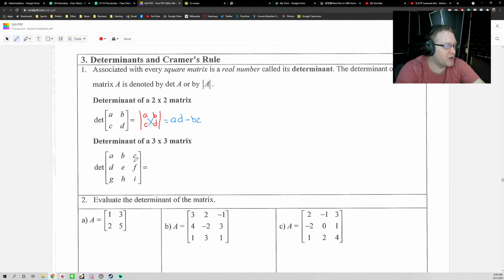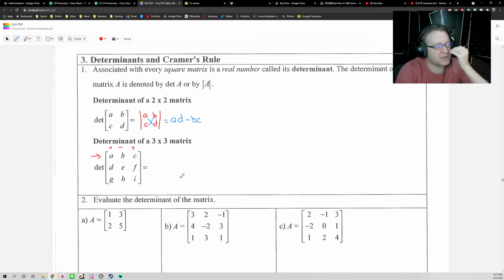All we're going to do is look at the top row here, A, B, C, and we're just going to use those three numbers to find the determinant. We're going to use those as the primary three numbers, and then we'll have a bunch of little matrices in the middle. That sounds a little bit confusing. Don't worry, it's not bad. All you need to remember is that it's going to be positive minus positive.